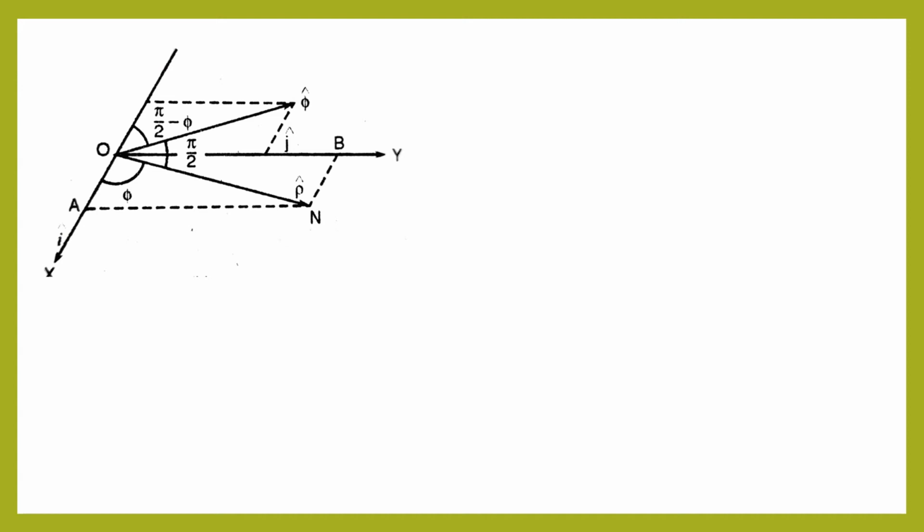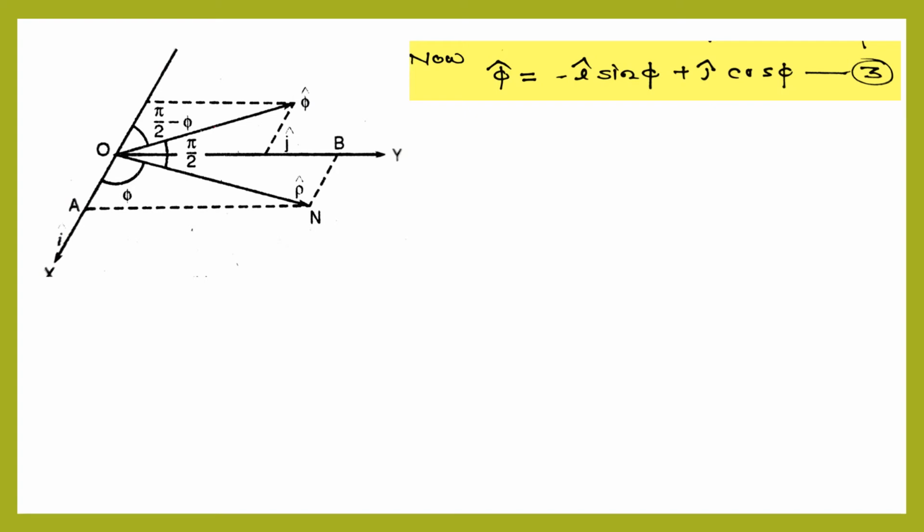So if we want to find, in this figure this angle must be phi. This is for the x-axis, that means the base angle is pi by 2 minus phi.